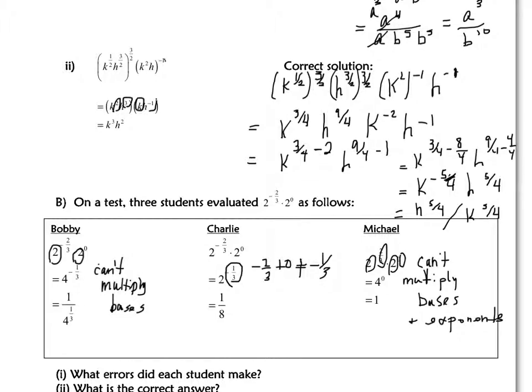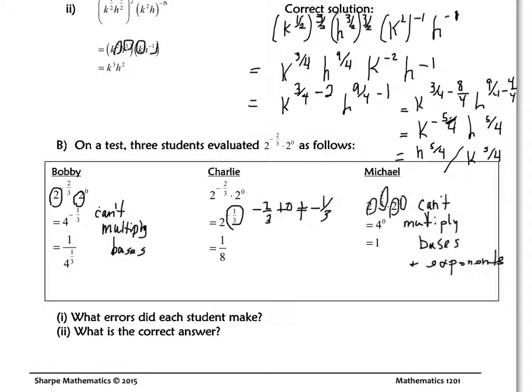So the correct answer would be 2 to the negative 2/3, and if you want plus 0, or you can say 2 to the 0 is 1, whatever you want to do. Either way you can look at it.